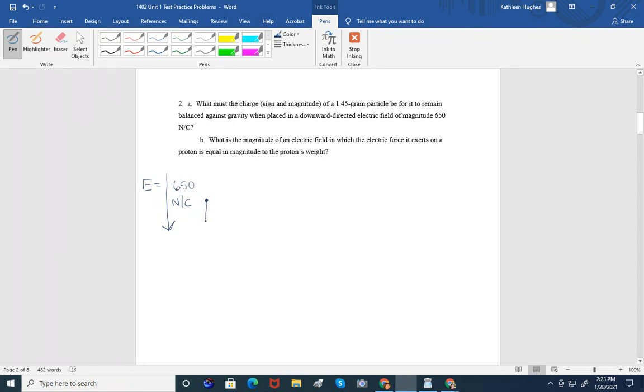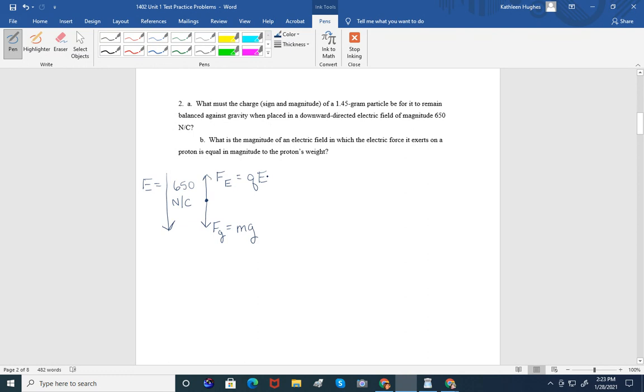That means the downward pull of gravity, which we can get with the formula mg, that's the particle's weight, has to be balanced by an upward electric force. That's going to be QE.